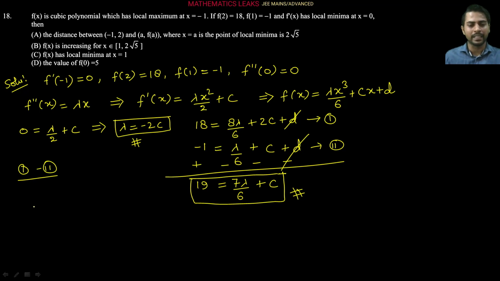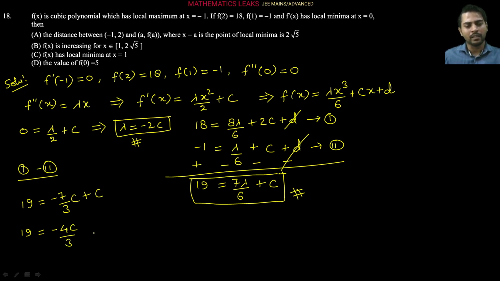So we will get 19 is equal to minus 7 by 6 times 2c, so this 2 will cancel this 6, so 3 will be coming here. So minus 7 by 3c plus c. On simplification we are getting 19, and this is minus 4c by 3.